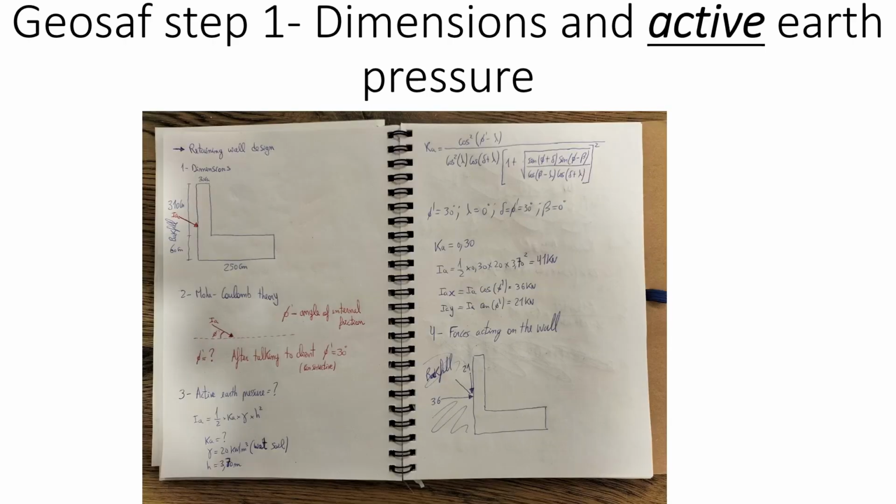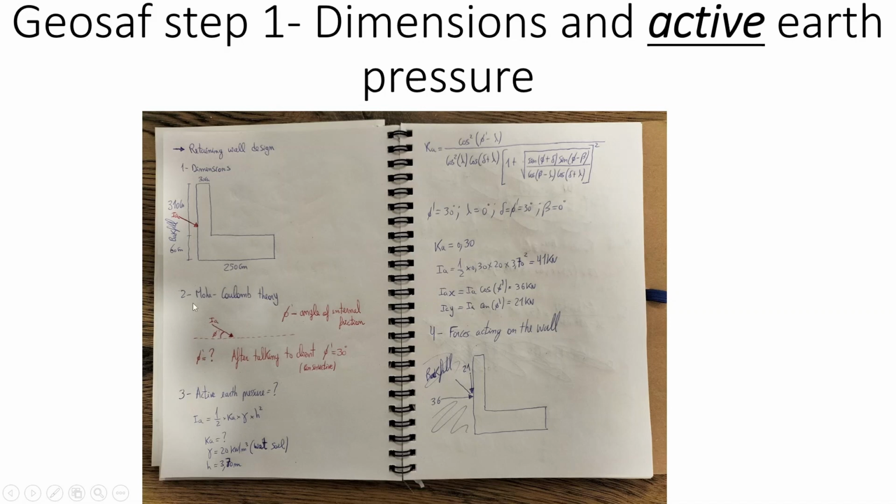Okay, so first of all we have got to think about the dimensions and the active earth pressure that's gonna develop in our wall. Okay, so you can see in my calculations here that we're gonna have a retaining wall with 30 centimeters thick, 310 centimeters high, and we're gonna have a footing of 60 centimeters thick and 250 centimeters large.